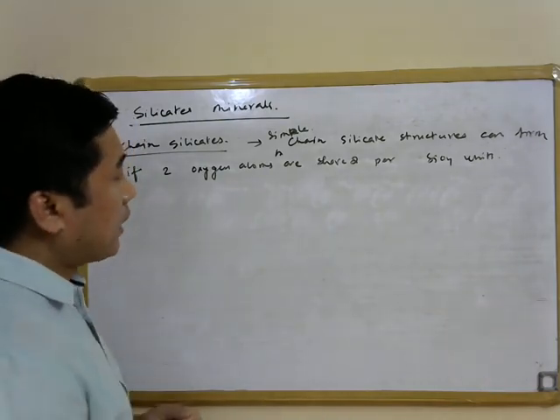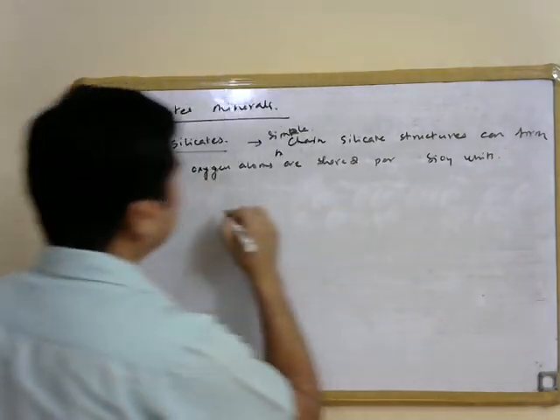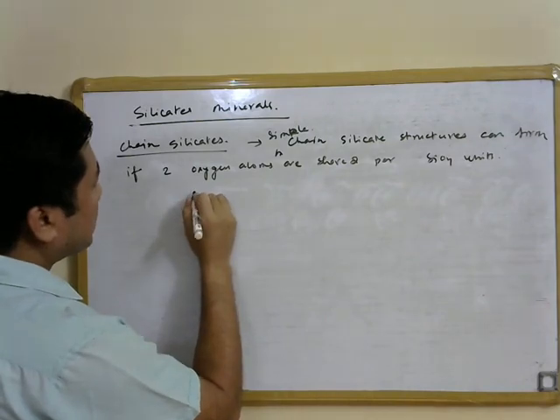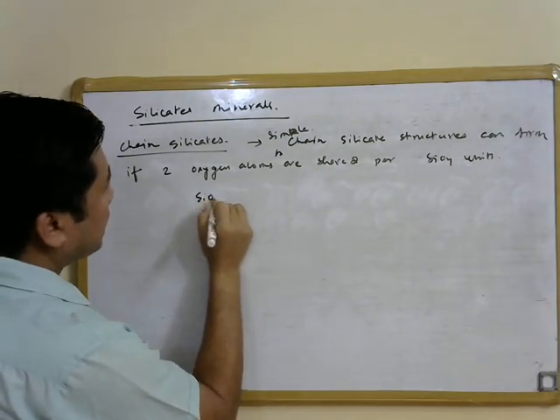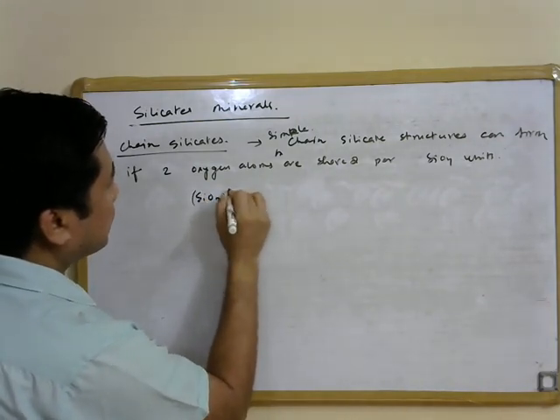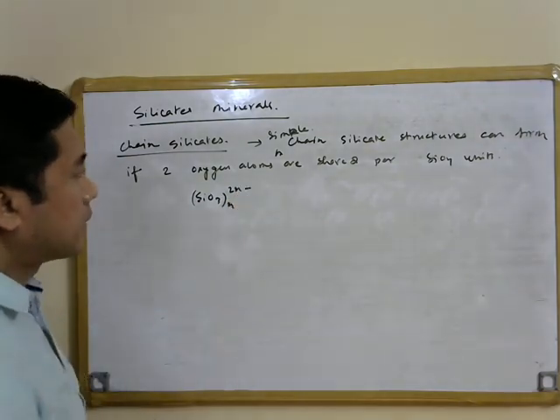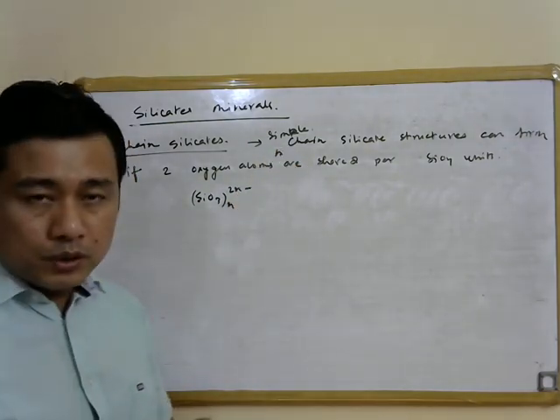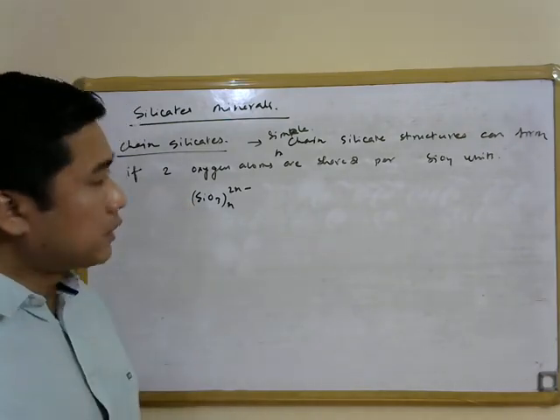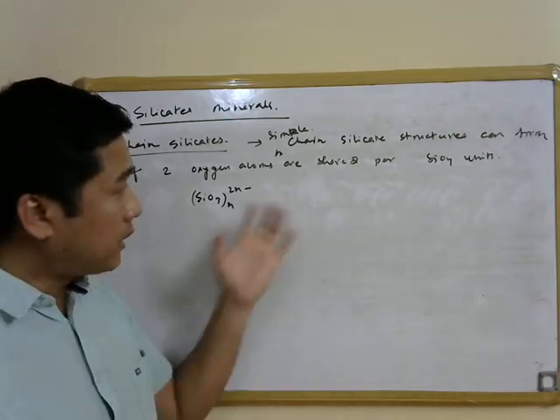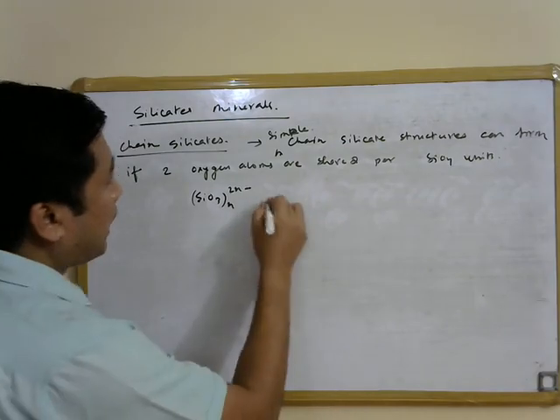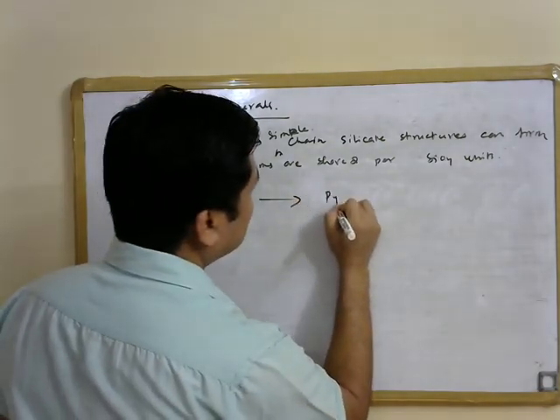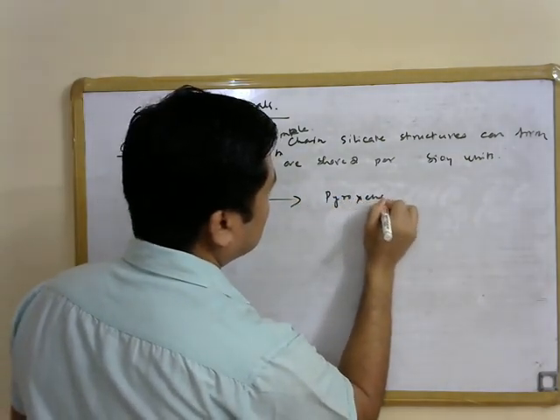The formula of these simple chain silicates is essentially similar to the formula of cyclic silicates, and these simple chain silicates, which are formed by sharing of 2 oxygen atoms per SiO4 unit, are known as pyroxenes.